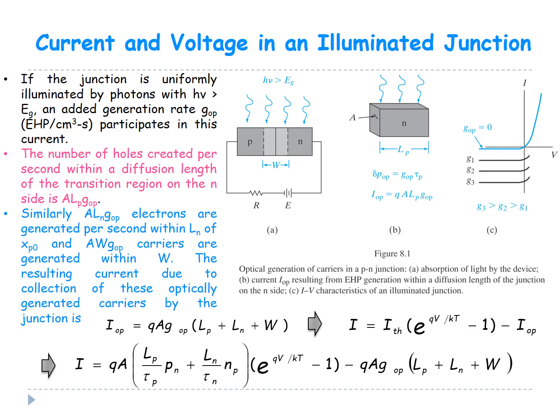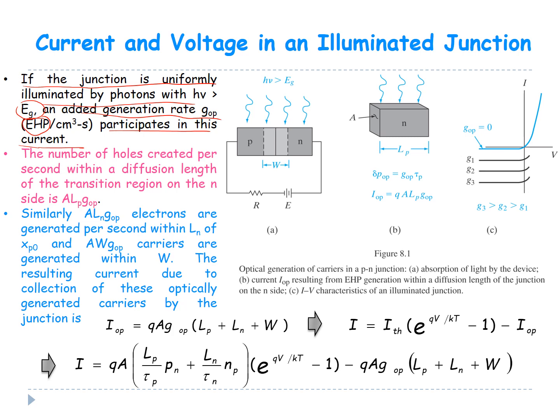So now if the junction is uniformly illuminated by photons with hν greater than EG, and at the generation rate GOP, this participates in this current. And remember, the generation rate is electron hole pairs per cubic centimeter per second.